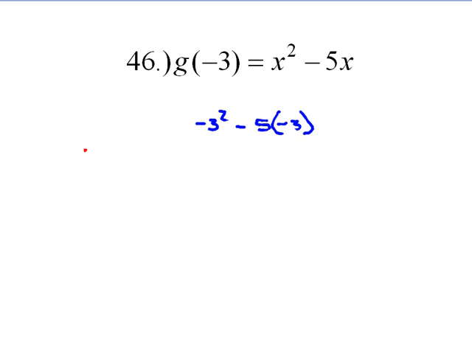Okay, so we have negative 3 squared should be 9 minus, or we could say a negative 5 times a negative 3 is positive 15. So we have 9 plus 15 equals 24.